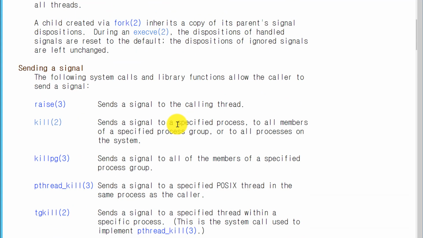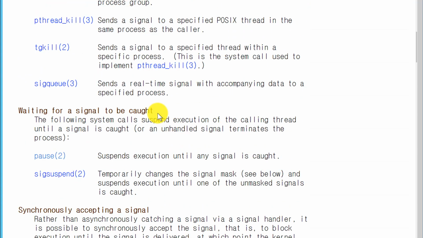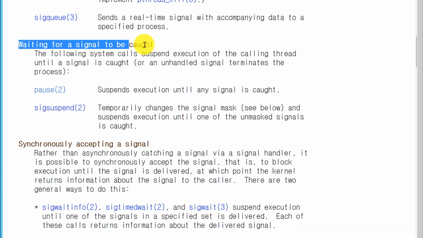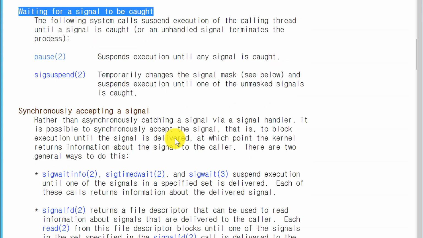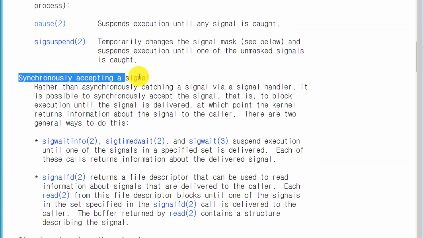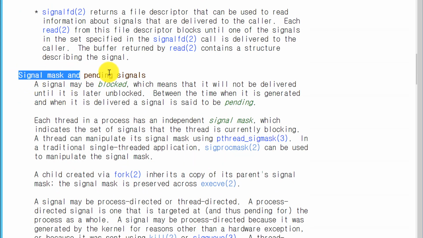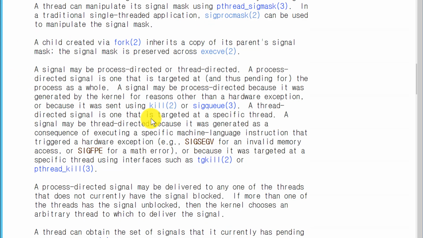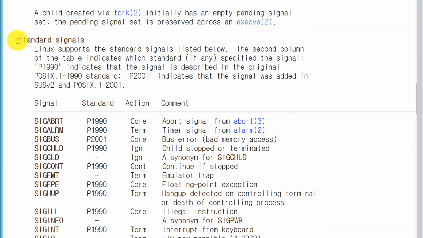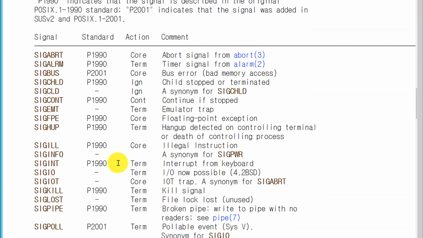You can see sending a signal, waiting for a signal to be caught, synchronously accepting a signal, signal mask and pending signals, standard signals.